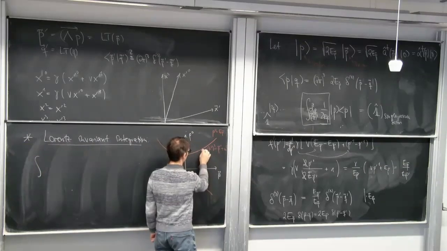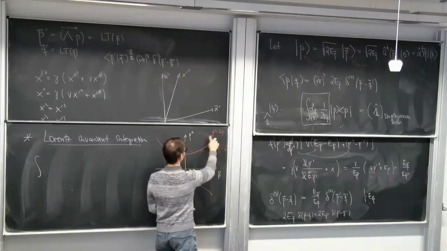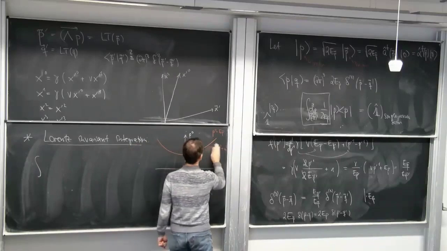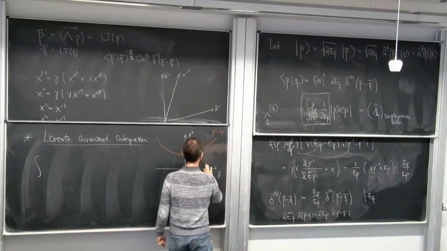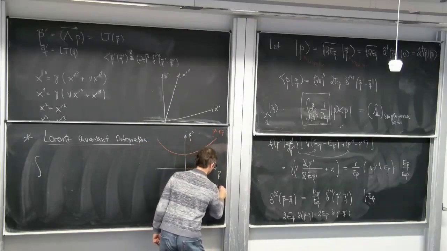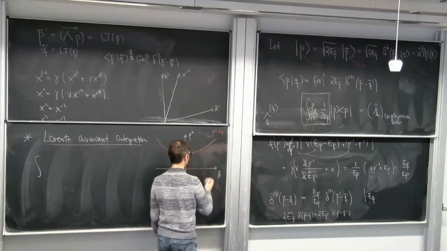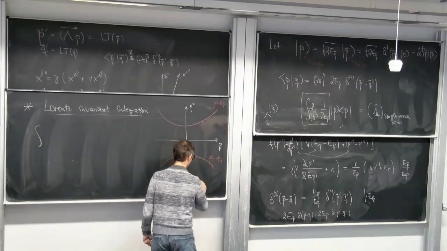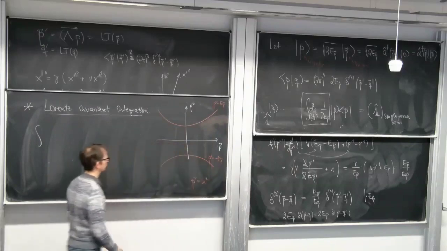That's the upper mass shell, and p0 equals minus the square root is the lower mass shell, and both together are the mass shell p squared equals m squared.